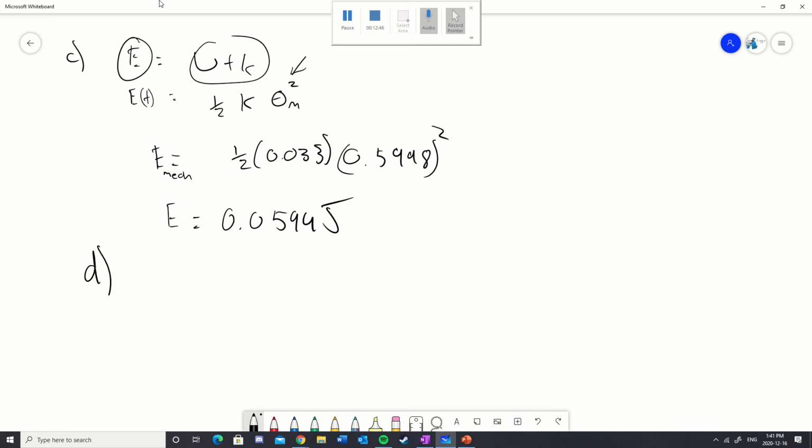And for the last part here, a rather simple one. If the disk was replaced by an object with double the moment of inertia about the suspension axis, how would this affect the frequency? This is rather simple if you think about it as we showed before.